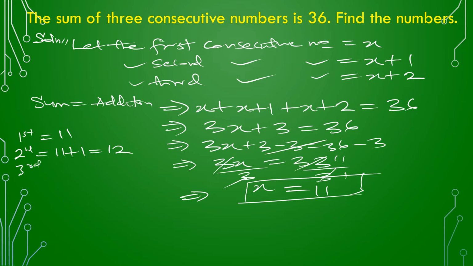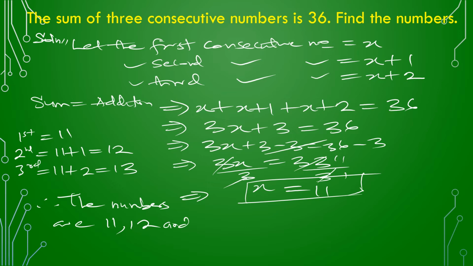And the third consecutive, which is x plus 2, which is 11 plus 2, is going to be 13. Now, they say we should find the numbers. Therefore, the numbers are 11, 12, and 13. So this is the answer.